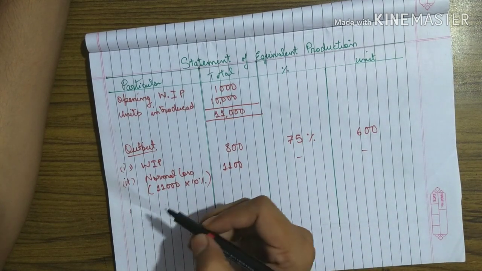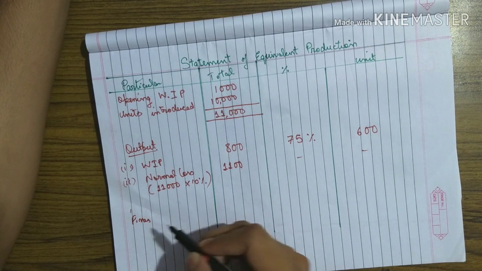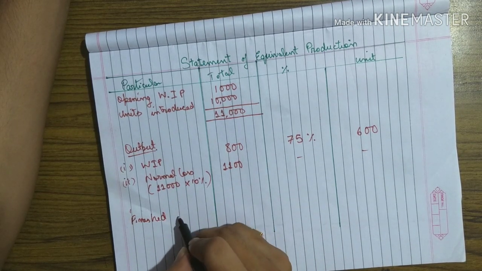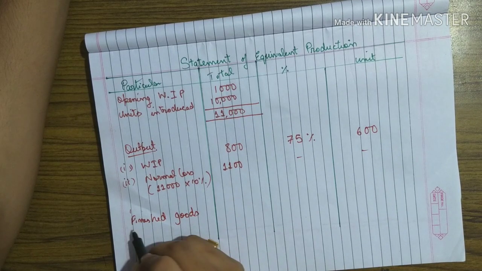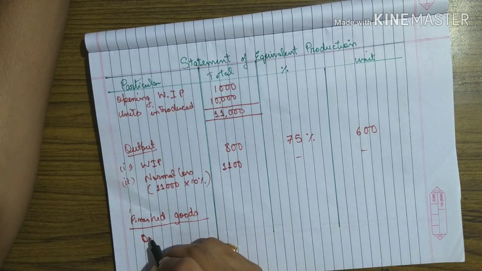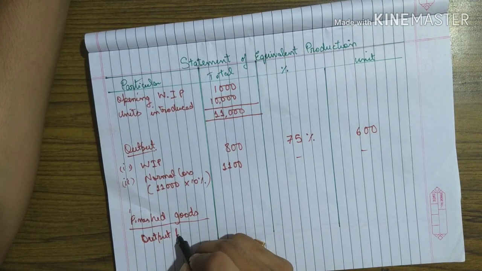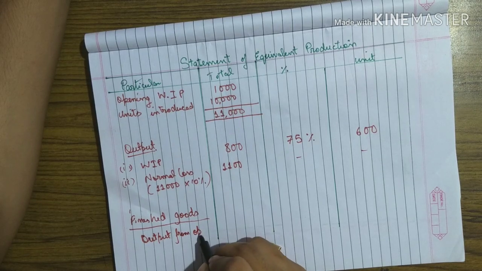Then for finished goods, output from opening.